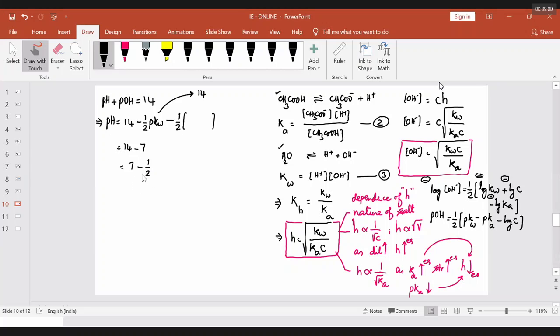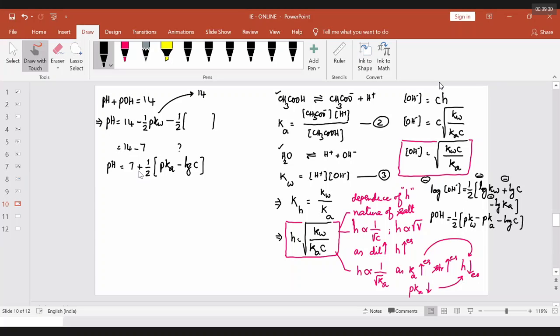Suppose you say, sir, I don't want to take this minus into account. If you want to make it a plus, tell me what will be the situation? pKa, right? And this is log C. Please check my symbols there. You get the equation pH is equal to 7 plus half into pK minus log C. Please check once again.